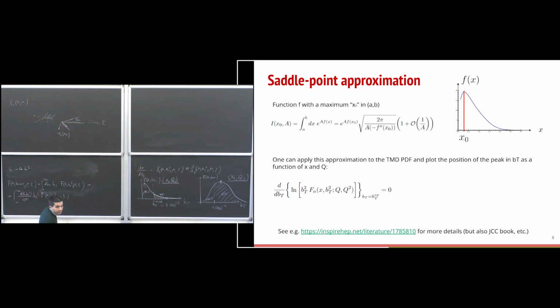What can we do? Exactly. So this would be the integral from minus infinity to plus infinity, the log of bt squared, 4 pi, and then you exponentiate a log.